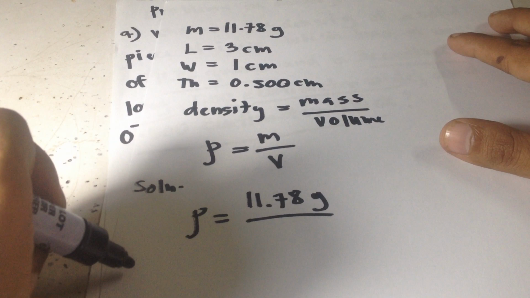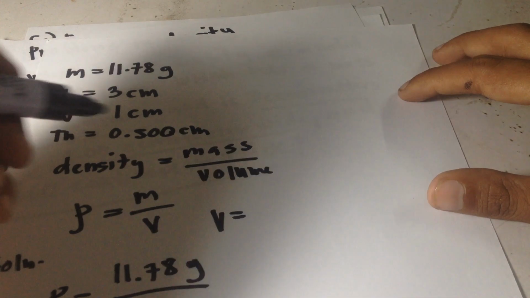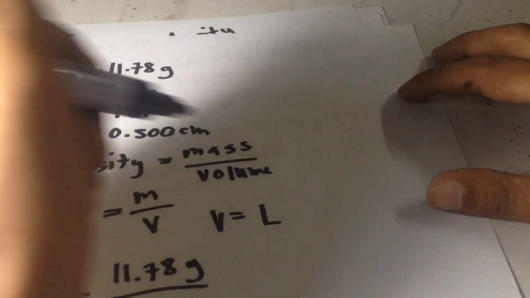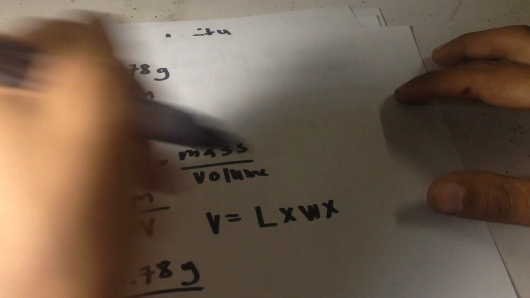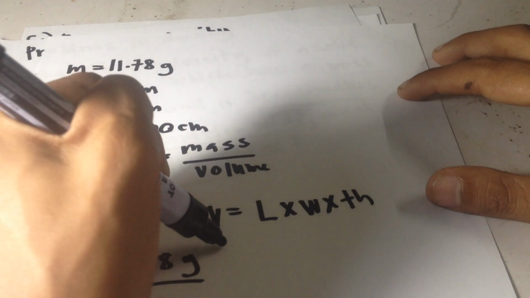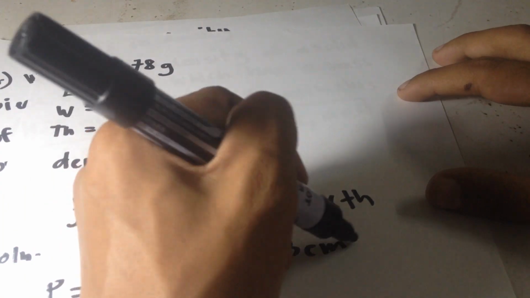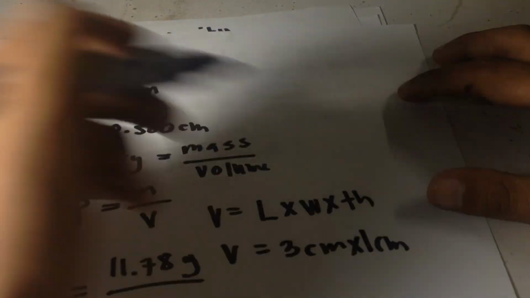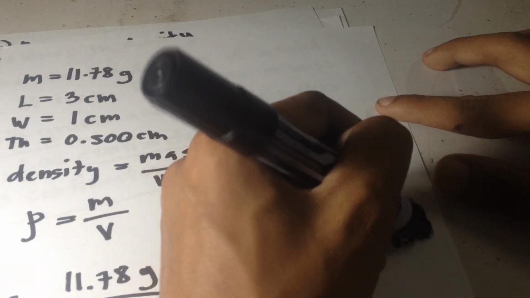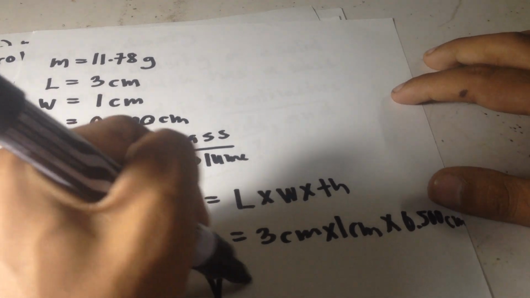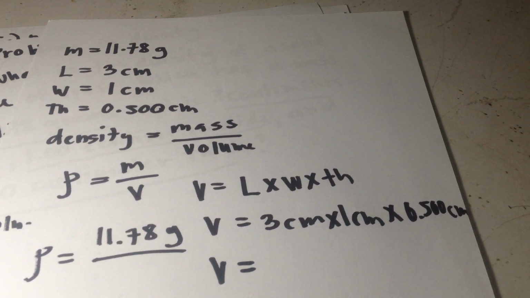but we need to solve the volume first. In volume, we need to multiply. Volume equals length times width times thickness. So the volume is 3 centimeters times 1 centimeter times 0.5 centimeter, so 3 times 1 times 0.5.